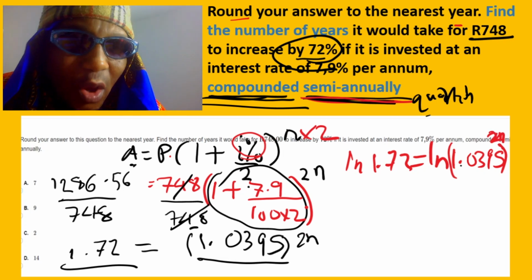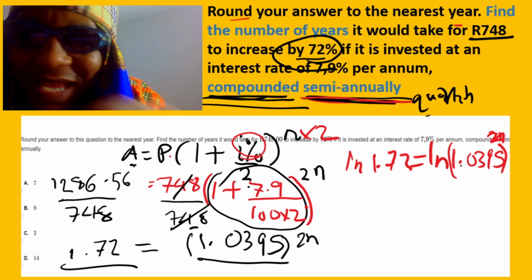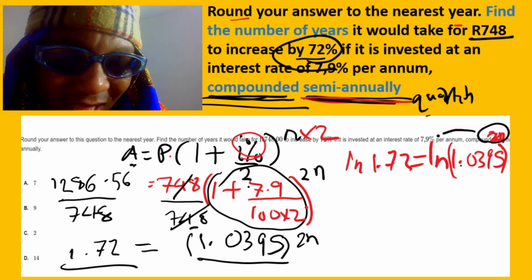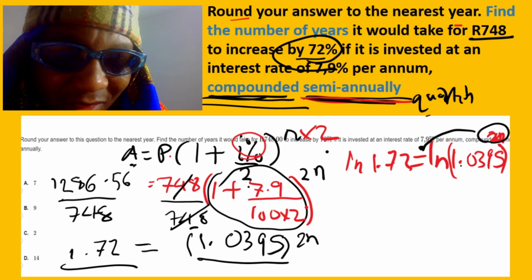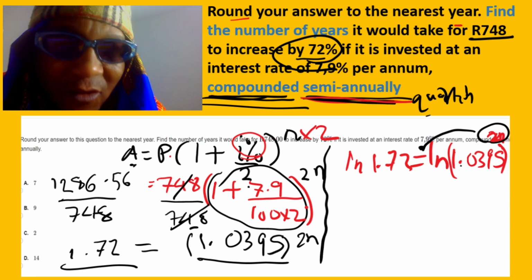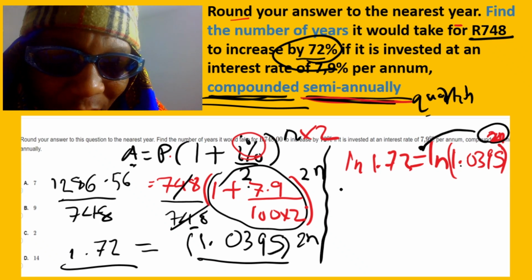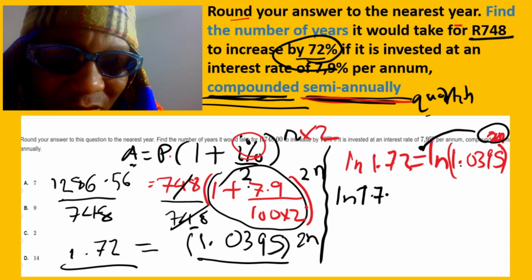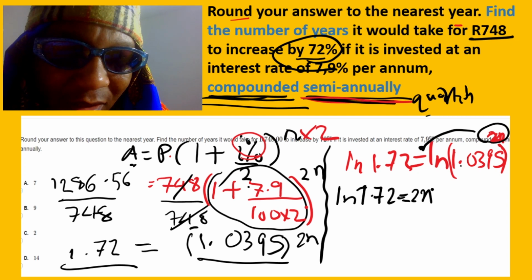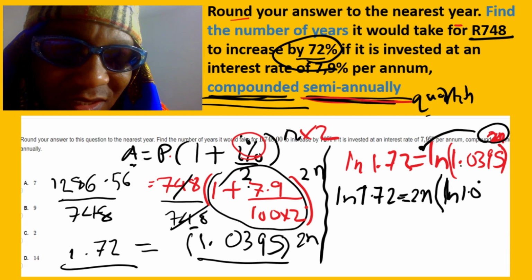So what we're going to do, we're going to take this to the front. Some people say front, some people say at the back, however you call it, okay? So now I'm going to say 2n times ln of 1.0395, and on the left we have ln of 1.72 equal to 2n ln of 1.0395.